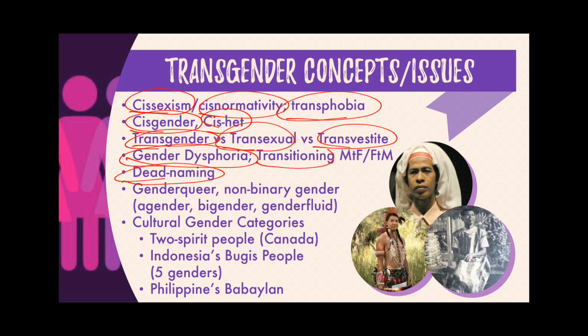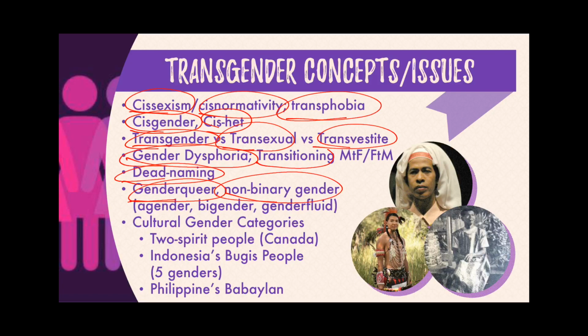Now, there's also what we call genderqueer identities. It's an umbrella of identities which relates to persons who do not subscribe to conventional gender distinctions but identify with neither, both, or a combination of male and female genders. So under the genderqueer umbrella, we have the non-binary gender, or those who do not conform with being male or female.